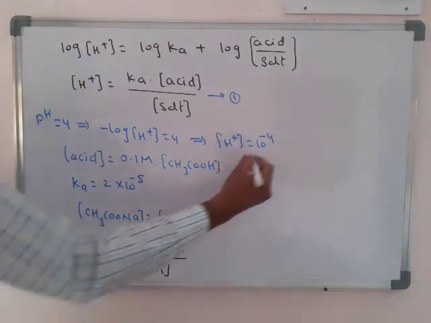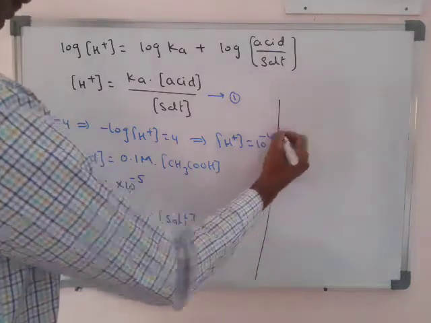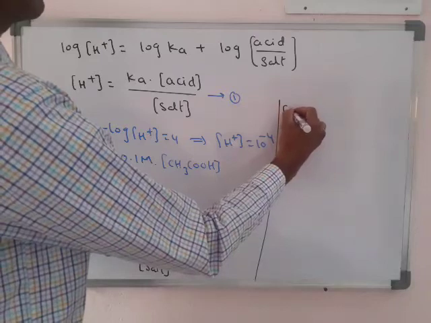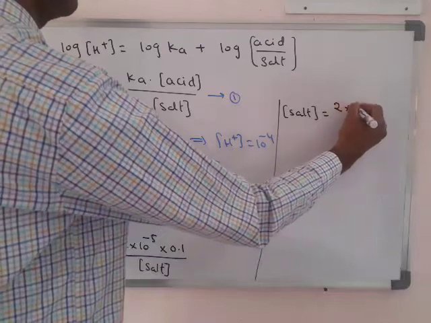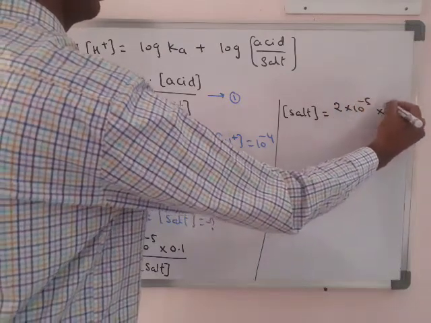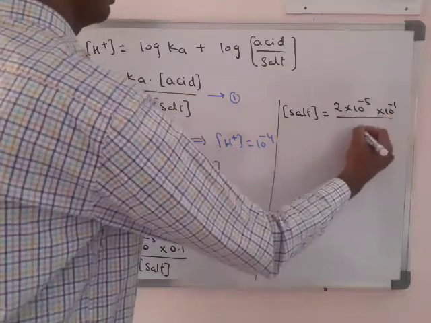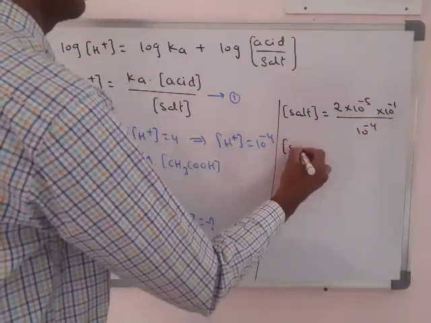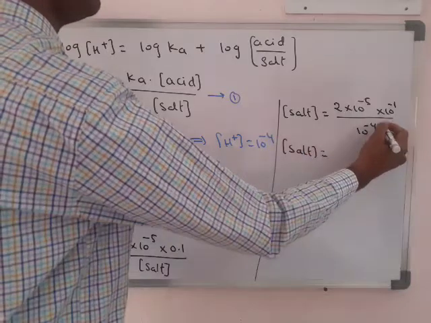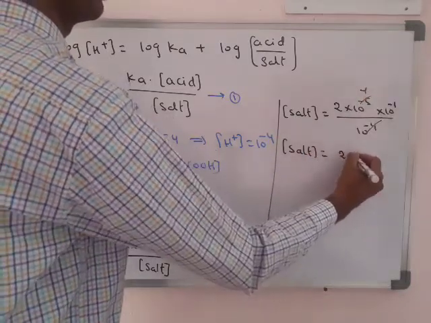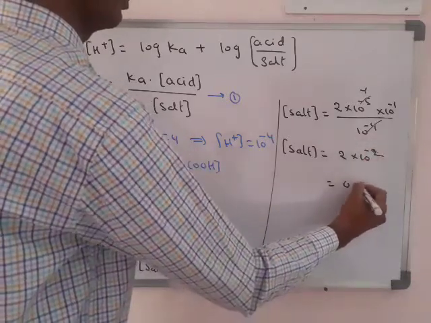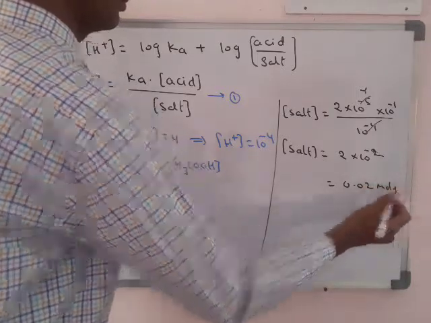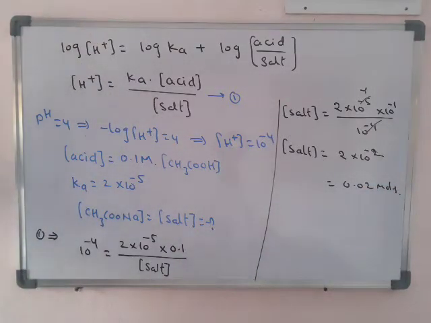Salt means sodium acetate. So already it is 1 liter, so we can say 0.02 moles.